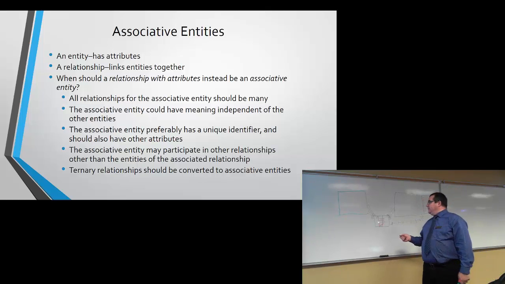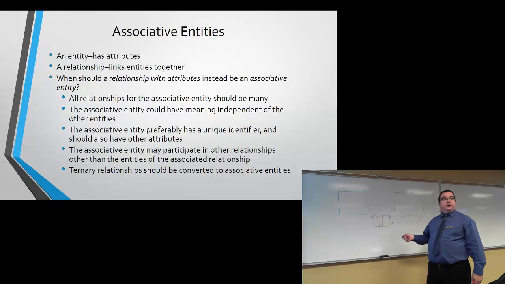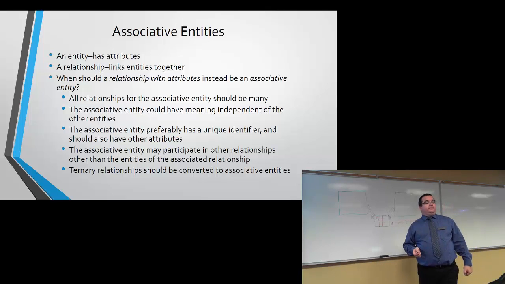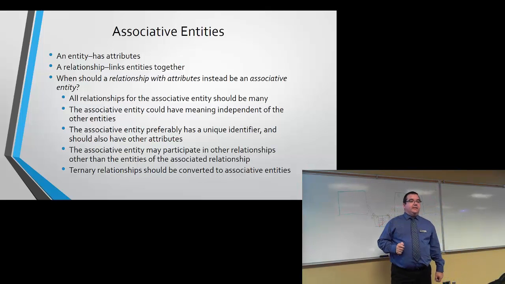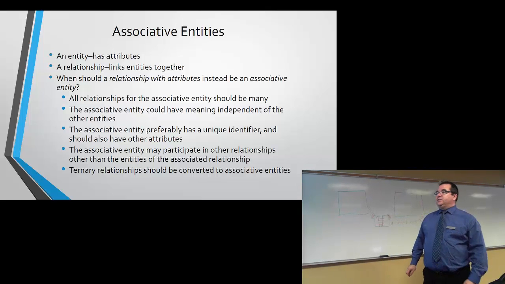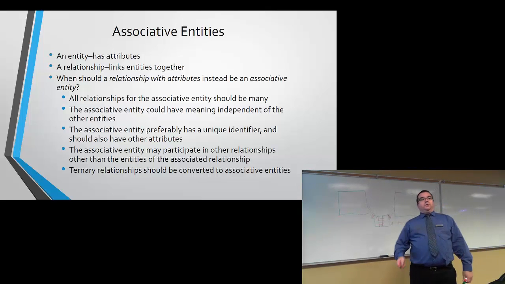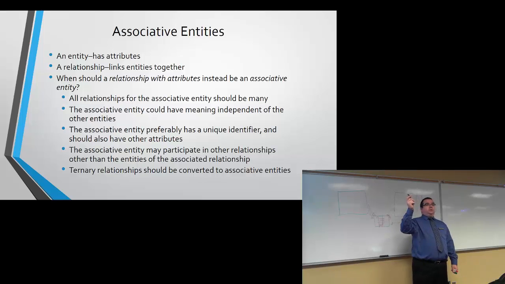In other words, you have a table with many different fields in here, and some of them are optional, and some of them aren't. And essentially, certain kinds of ternary relationships should be converted into associative entities. That means that if you've got certain kinds of ternary relationships where you've got student, trying to come up with a really good example.